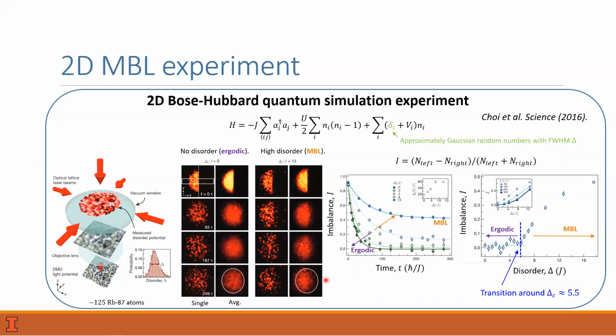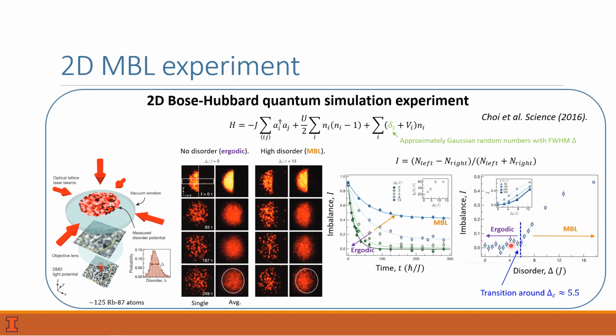And so they could quantify this imbalance and measure it over time. And they see for the low disorder experiments, they very quickly decayed to 0. But for the high disorder experiments, at long times, it stayed non-zero. And so if you look at the late time imbalance versus disorder strength, what you see is that for disorder strengths below some value around 5.5, the system always seemed to equilibrate.